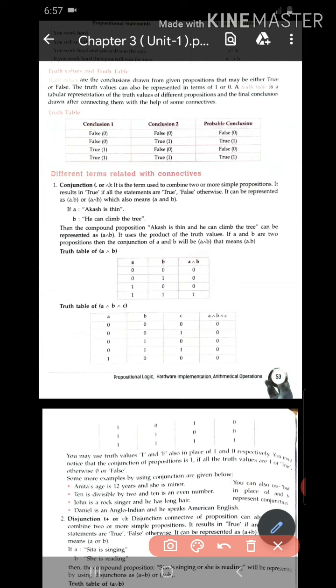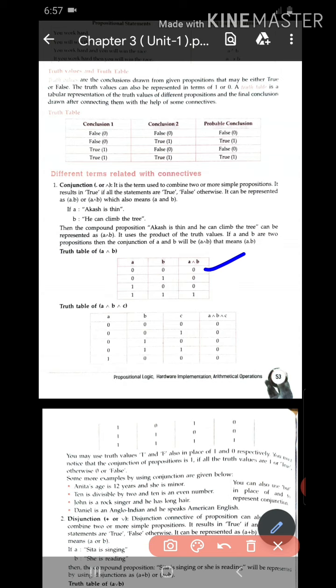Because A says the condition is false. B says the condition is false. Then both false together is false. Why is it false? Because and says we want two things together, in the form of true true, in the form of 1 1.